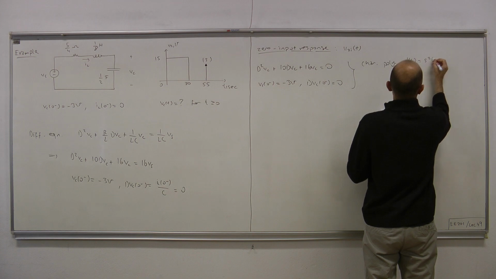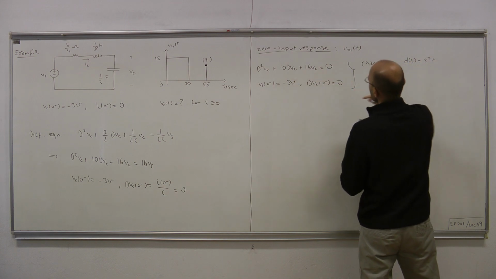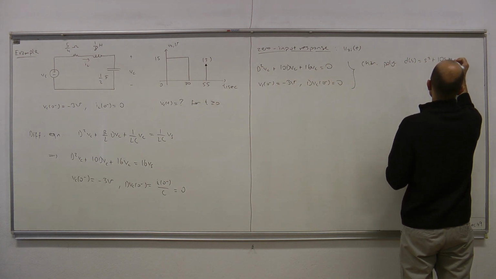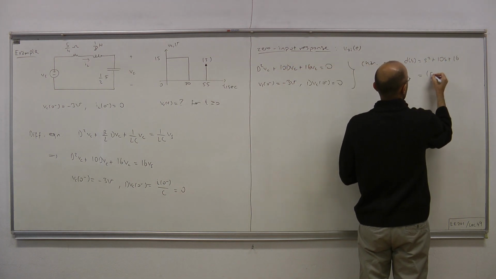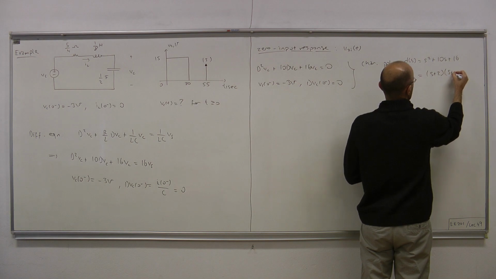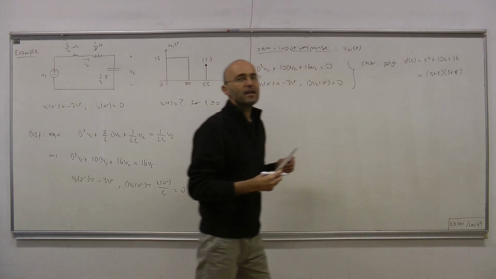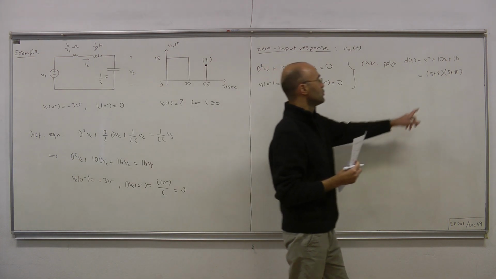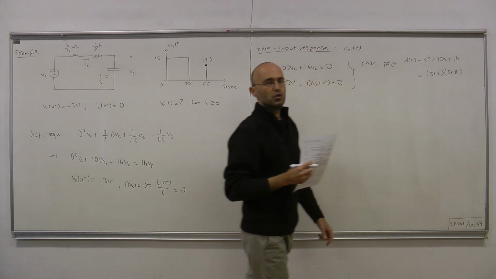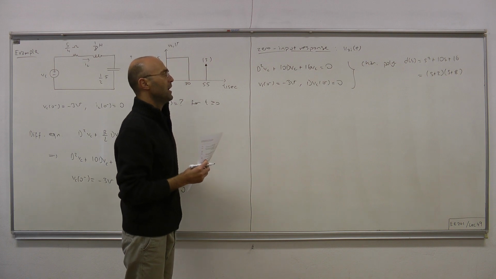D squared plus 10s plus 16, which can be written as (s plus 2) times (s plus 8). And when you write it in that form, it becomes obvious that we have two real distinct roots, one at -2, the other at -8.